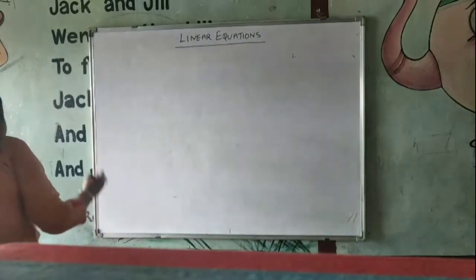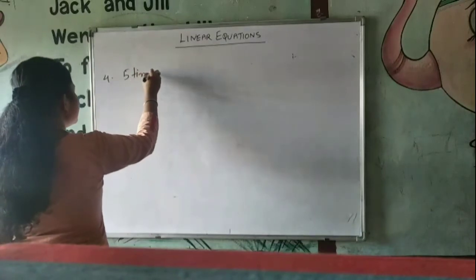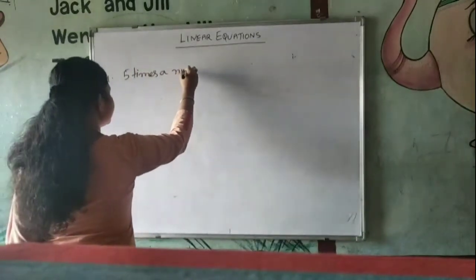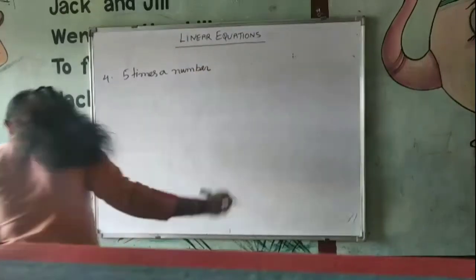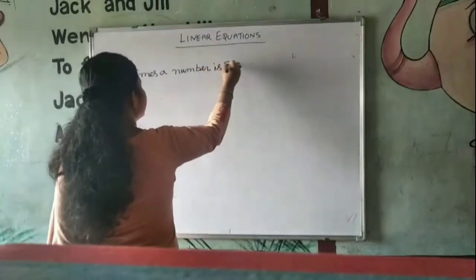Now, next question, question number 4. 5 times a number is 75. Find the number.